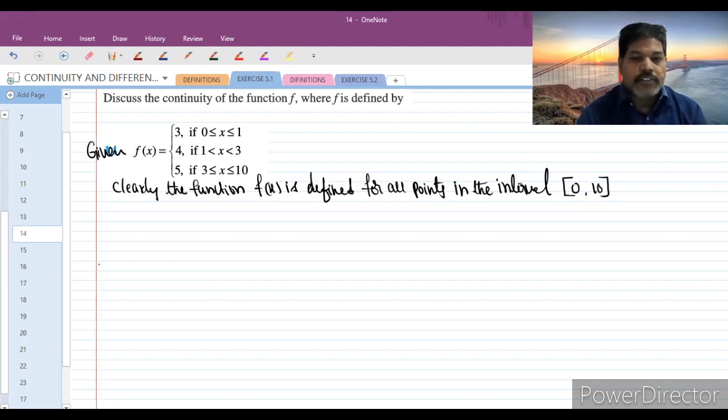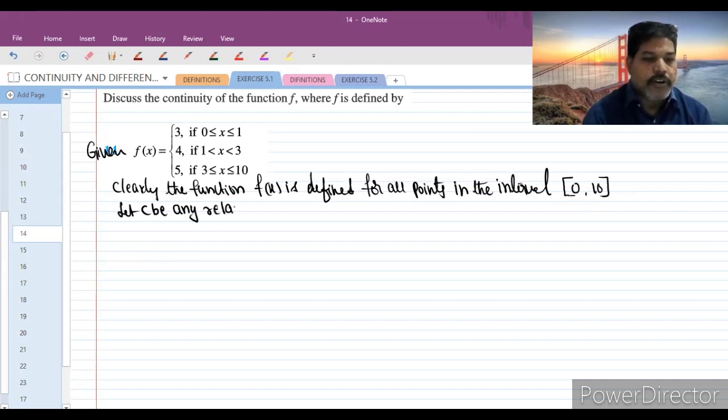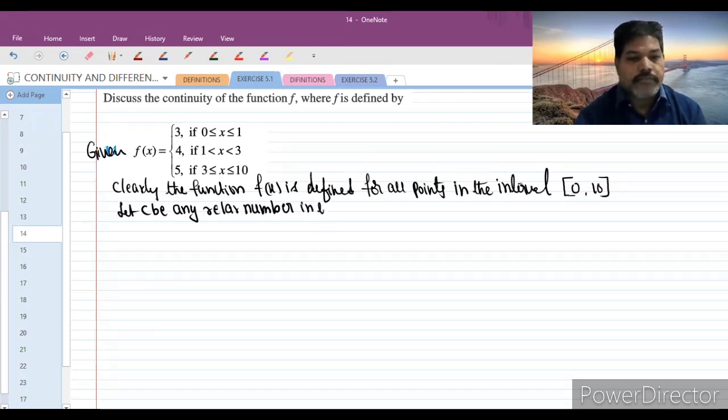So first, students, let c be any real number in the interval 0 to 10.